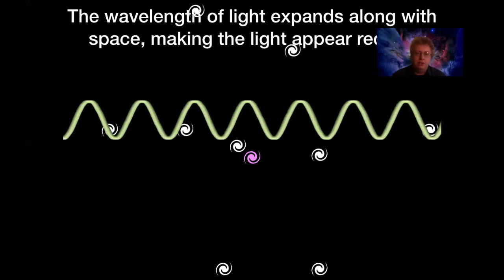So if you imagine that a photon of light was emitted from one of these galaxies and it traveled to reach us on Earth, then it started off smaller because it was emitted when the universe was younger. And then it expanded as the universe expanded and caused it to have a longer wavelength and therefore a redder color, which we interpret as a shift due to velocity.